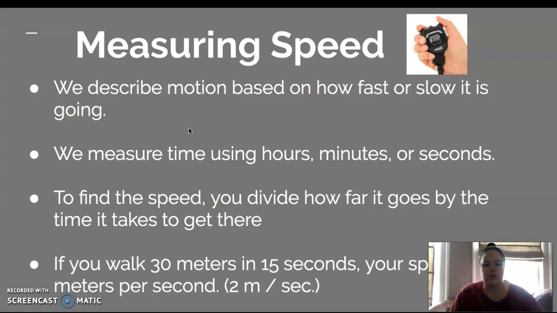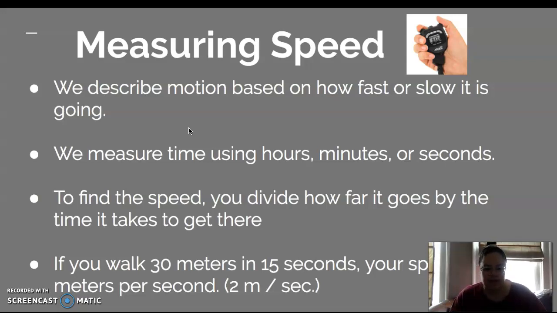So if you walk 30 meters in 15 seconds, your speed is going to be 2 meters per second because 30 divided by 15 is 2. If we were to go 20 miles in 2 minutes, we would do 20 divided by 2, which is 10. So I would go 10 miles per minute, okay?